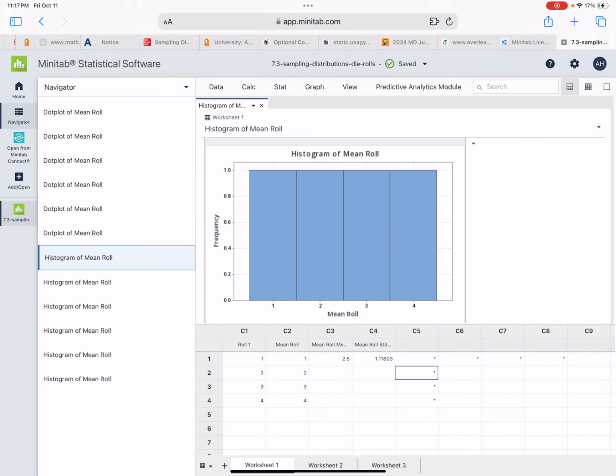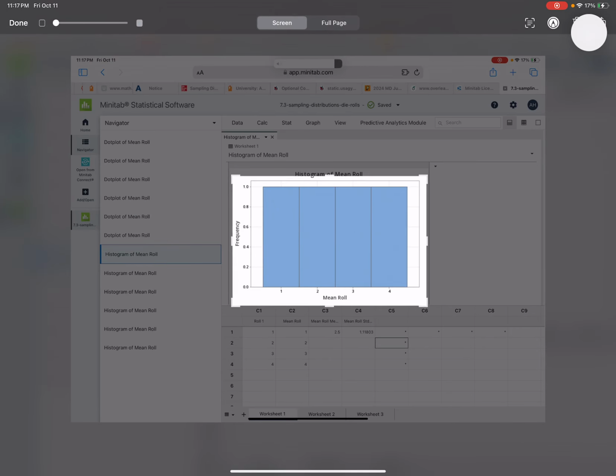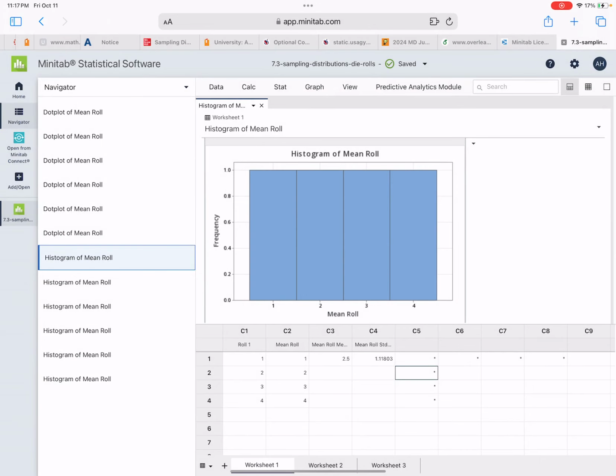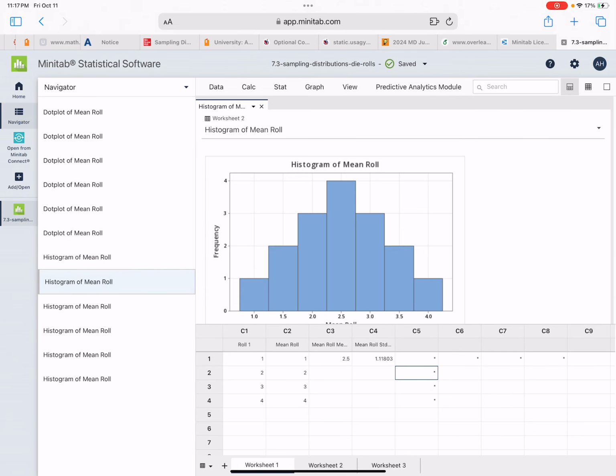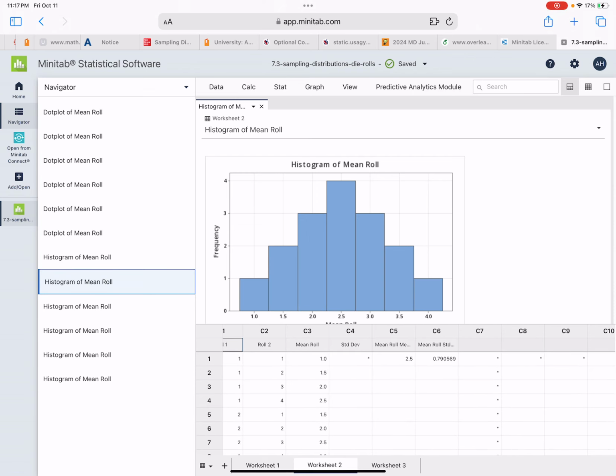There's an equal chance that we get a 1, 2, 3, or 4, so no surprise there. Just quickly crop this. Save it. Awesome. This is for the second one, where we had 16 outcomes. We rolled the die twice.